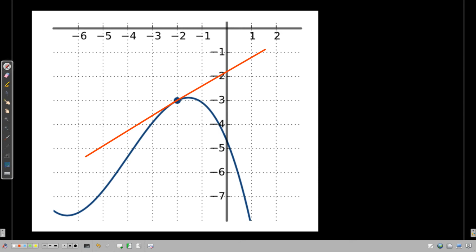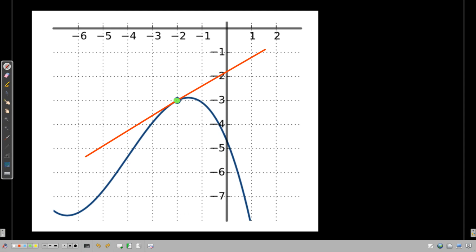Okie dokie. Then I've got to go from right here, and I need to maneuver so that I wind up back on that line. At first it looks like I'm going to rise a half a unit and run 1. But my rise is a little bit more than a half.